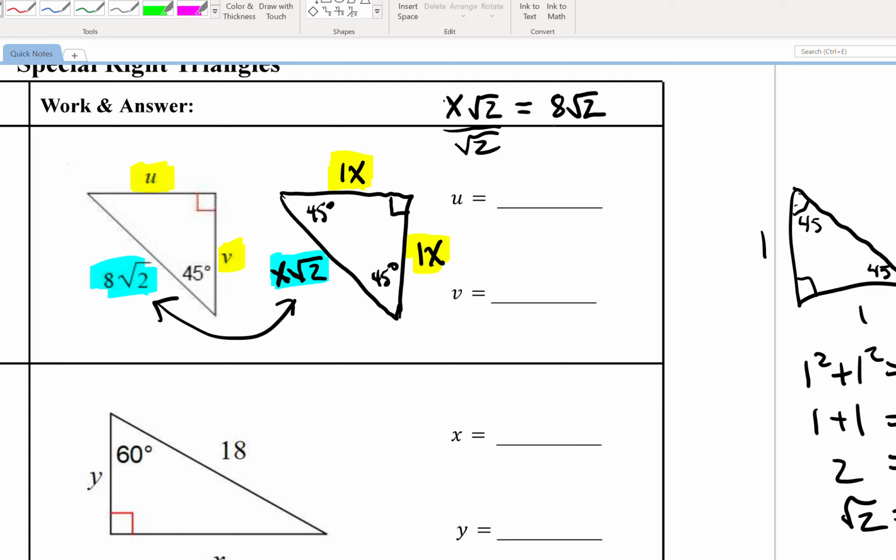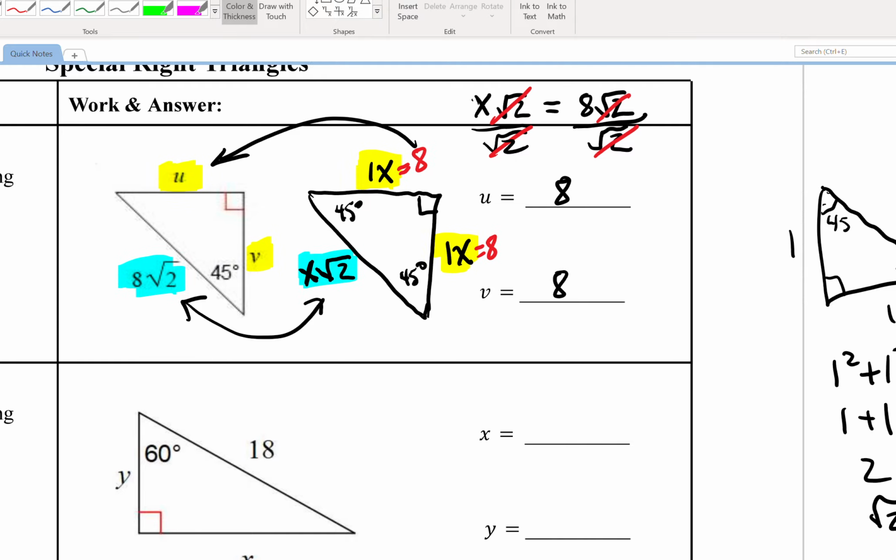Divide by root 2, and divide by root 2, and that will cancel that. It will also cancel the root 2's over here, and so then x equals 8. That's true here, it's true here, but then consequently it's also true for u and for v. And so u is 8 and v is also 8.